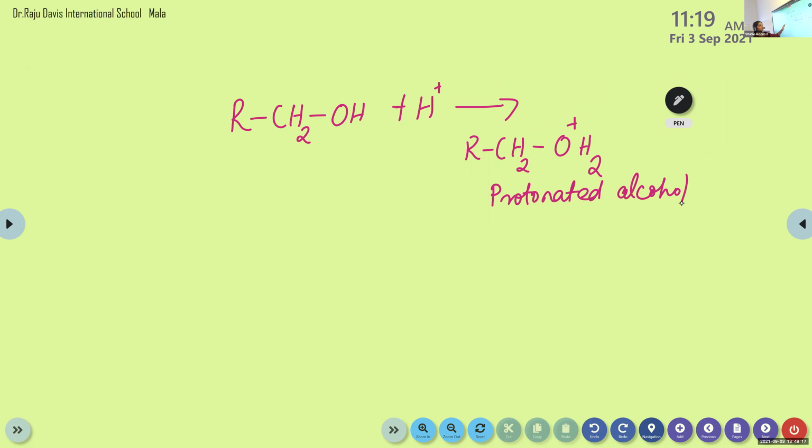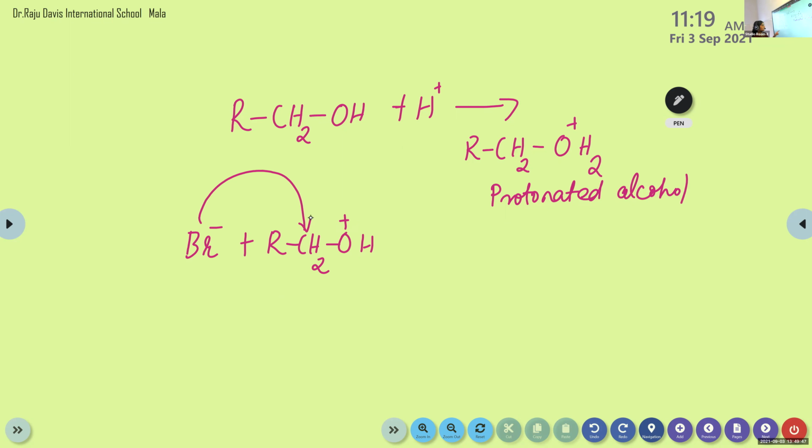And this protonated alcohol is an electrophile. That means it is positively charged and needs negative charge. So this Br minus will react with this protonated alcohol. Here the electrophilic site is carbon, so Br minus will attack the carbon.